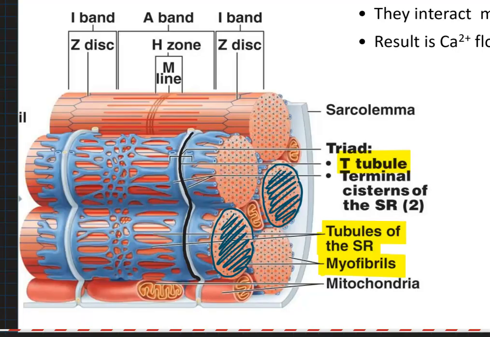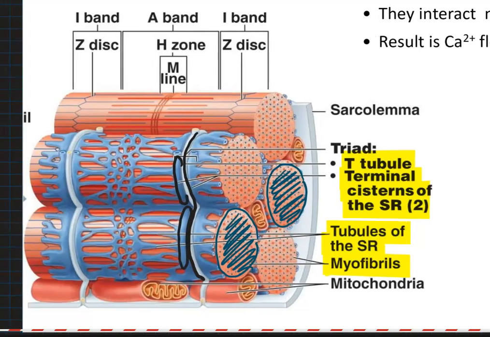You probably can't help but notice that every T-tubule is in direct physical contact with the sarcoplasmic reticulum, more specifically with the structures called terminal cisterns. These are terminal cisterns of the sarcoplasmic reticulum.